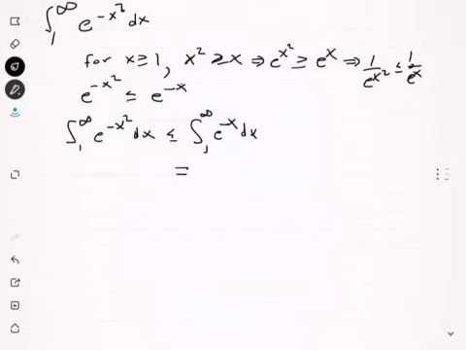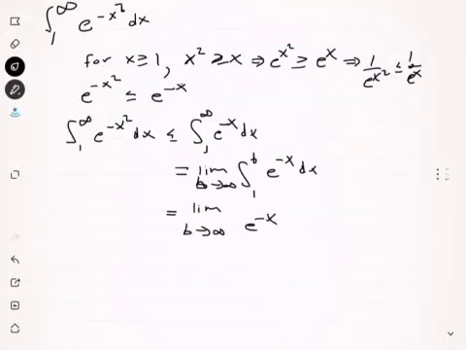And this last integral converges. This is the limit as b approaches infinity of the integral from 1 to b of e to the minus x dx, which becomes the limit as b approaches infinity of negative e to the minus x as x goes from 1 to b, and this is the limit as b approaches infinity of minus e to the minus b plus e to the minus 1.